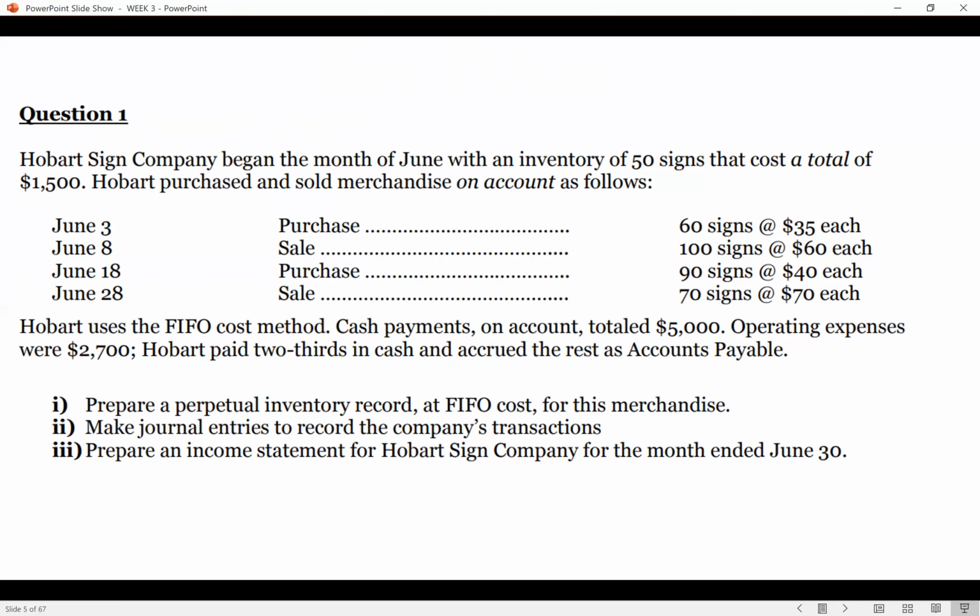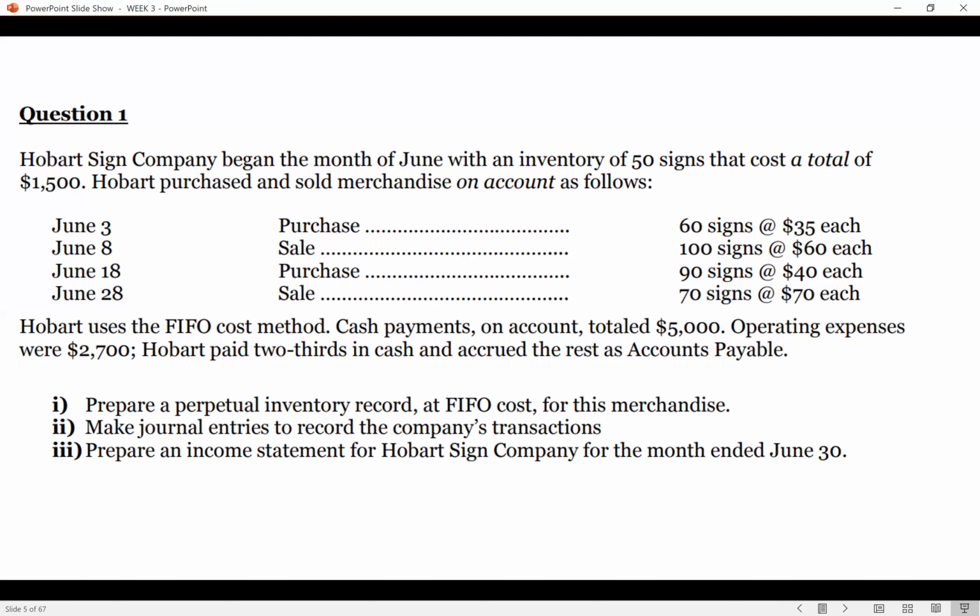So he began the month with a certain amount of inventory. So that's what we're carrying over from a previous period, in this case, from the month before. So our beginning inventory is 50 signs that cost him, that's the price he paid for it, $1,500.